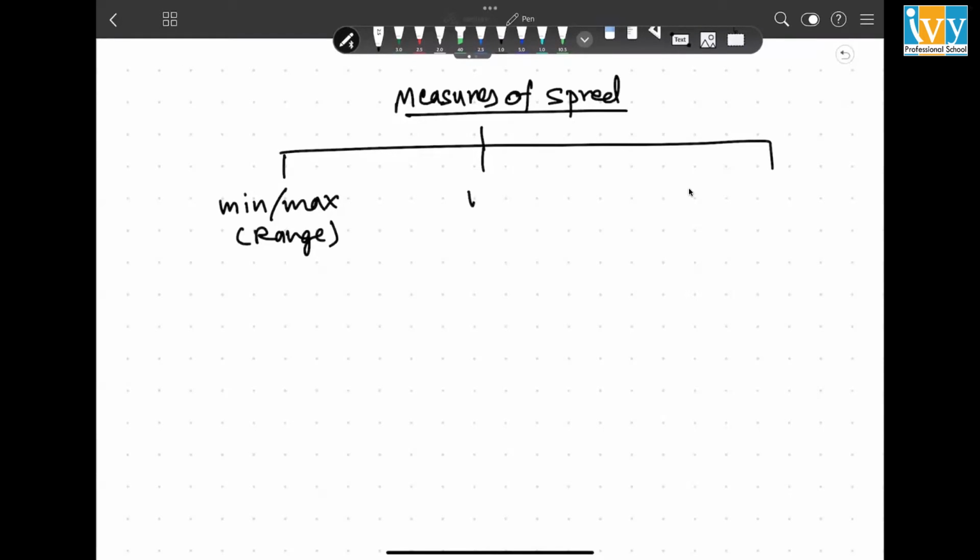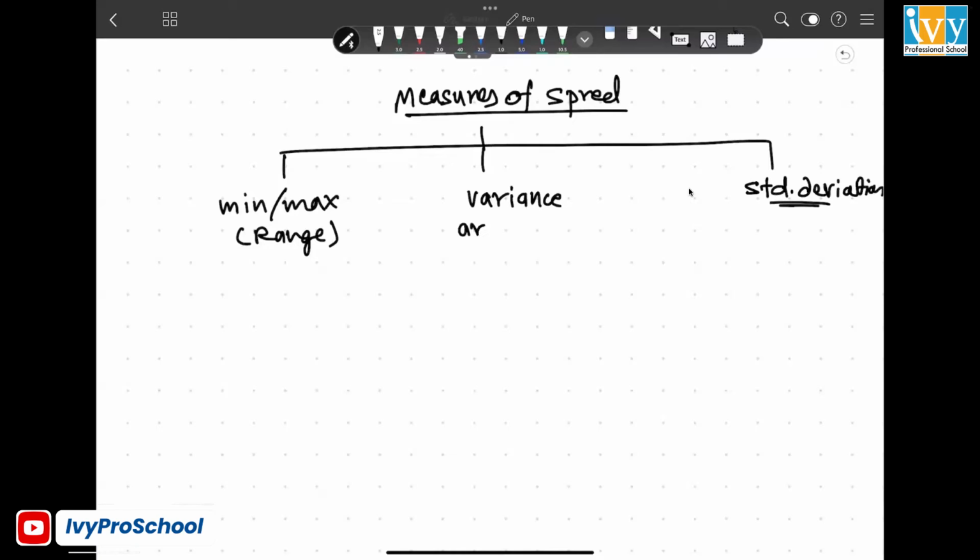We look at the variation of the data, variance, and then we look at the standard deviation. So min max is pretty clear. What is the minimum value and what is the maximum value. What kind of data insights it can give you.